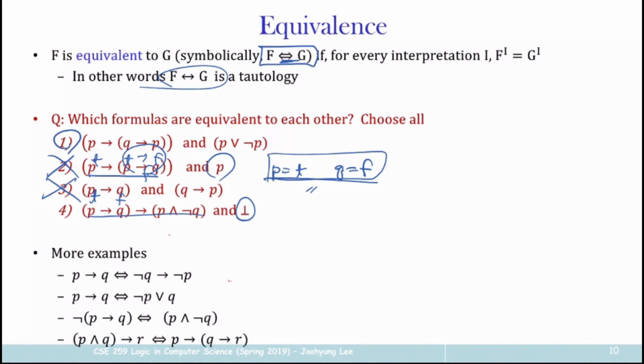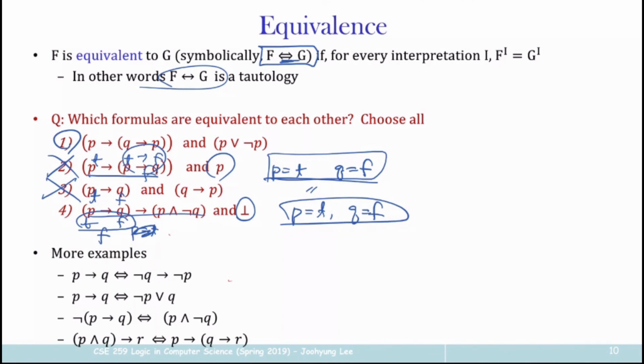Let's say P is true and Q is false, again the same interpretation. Then this part is false, and false implies anything is true. So with this interpretation, the left formula is true and the right formula is false, so they are not equivalent.